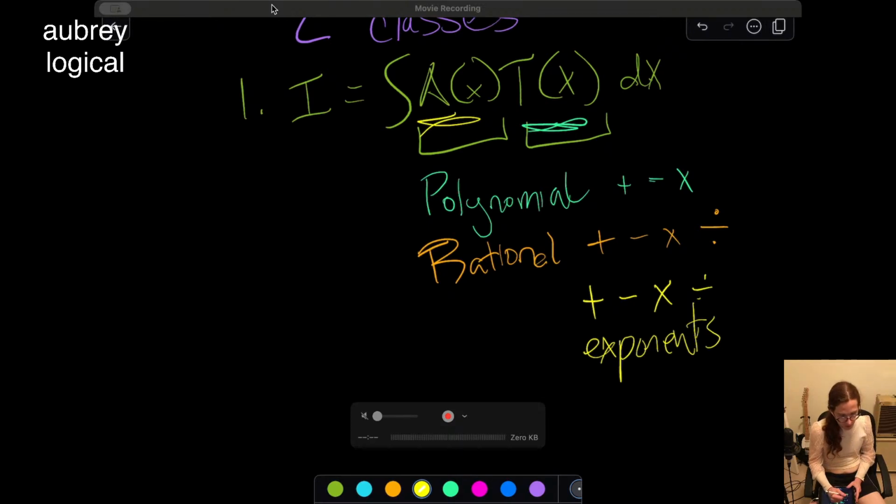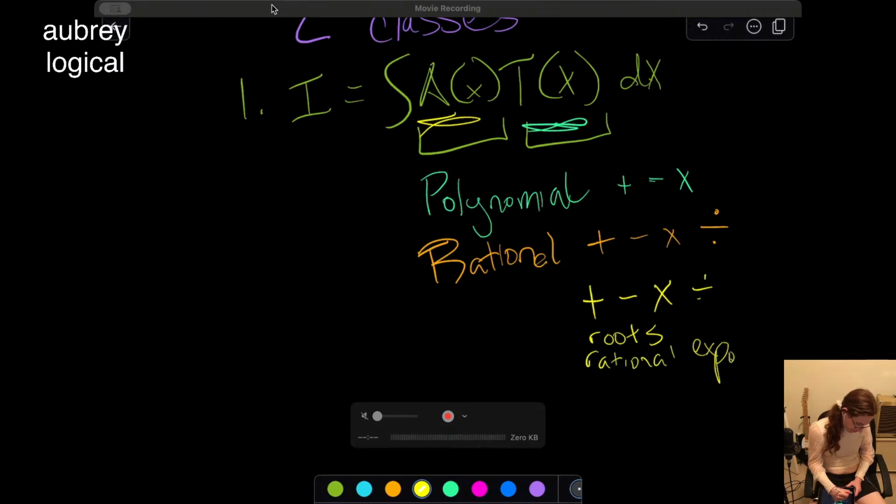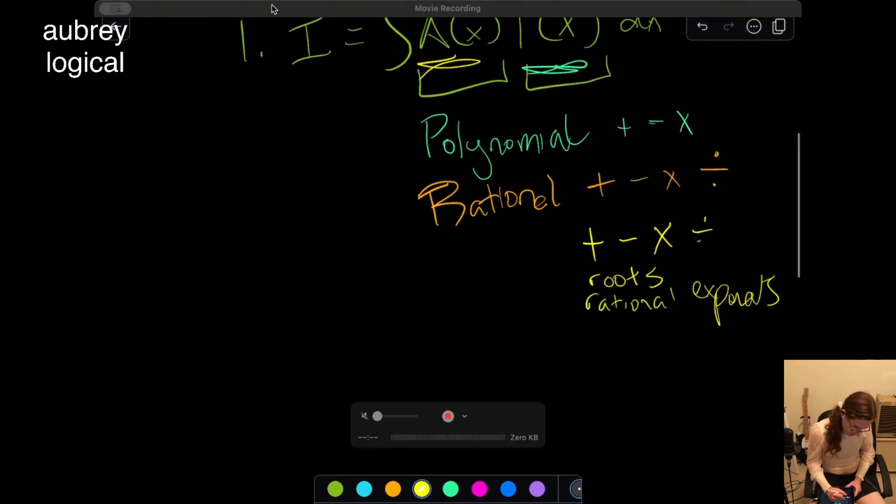Maybe it's not exponents. It's roots. And maybe rational exponents. That sounds right to me. So that means like 2x to the 1 over x, that would be a rational exponent because it's division.